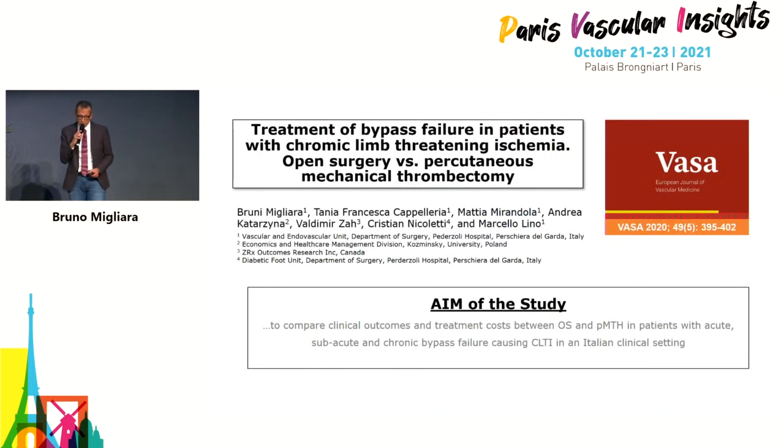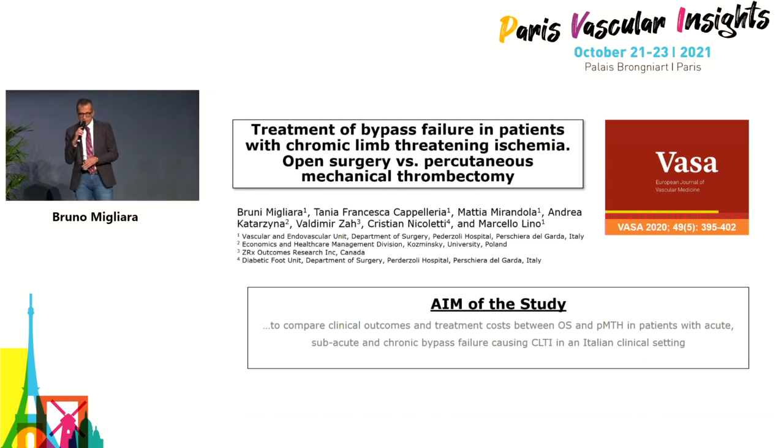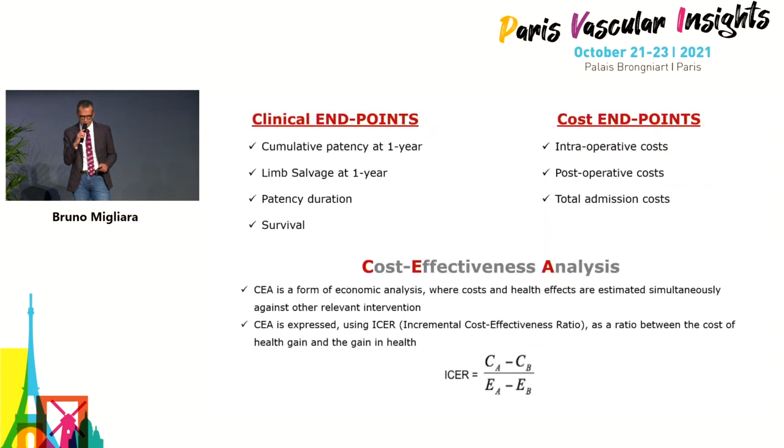Today I'm really proud to have the opportunity also to present the result of our paper published last year in VASA. The aim of this paper is to compare not only the clinical outcome but also the treatment cost between open surgery and Rotarex S in patients with acute, subacute and chronic bypass failure.